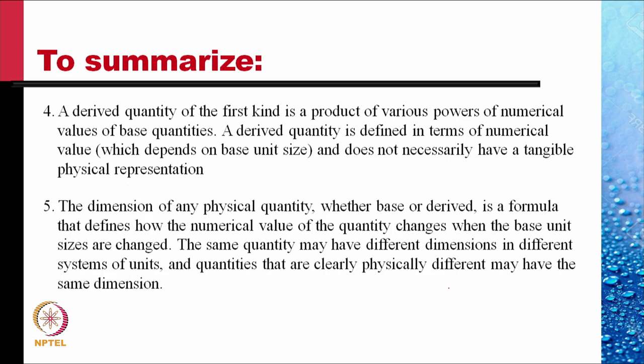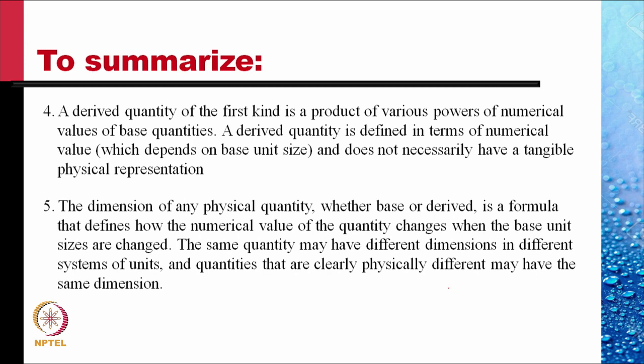The dimensions of a physical quantity, whether base or derived, is a formula that defines how the numerical value of the quantity changes when the base unit sizes are changed. So if the base unit size is changed by a factor n, then the quantity changes as 1 over n. If the dimension is 2, then it changes like 1 over n squared, and so on.